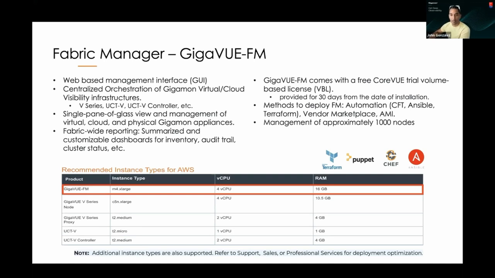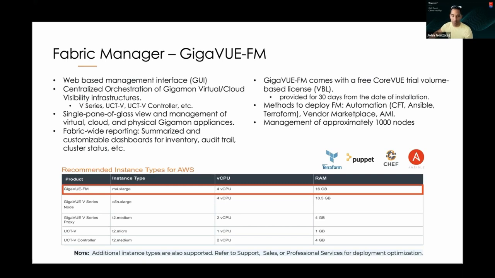Lastly, the Fabric Manager gives you this by default. So if you look at the table below, those are some of the minimum requirements for a Fabric Manager to be able to operate successfully in whichever infrastructure you're looking to deploy it in. And it gives you the ability to manage approximately 1,000 nodes with the Fabric Manager.